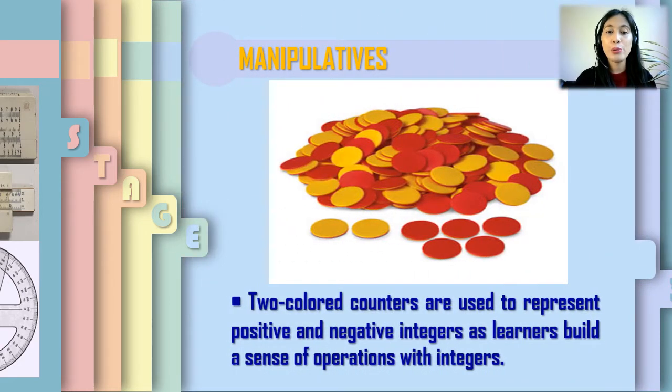They could use two-colored counters, and these may represent positive and negative integers as learners build a sense of operations with integers. Mind you, teachers, this is a very good strategic intervention in teaching the operations of integers.